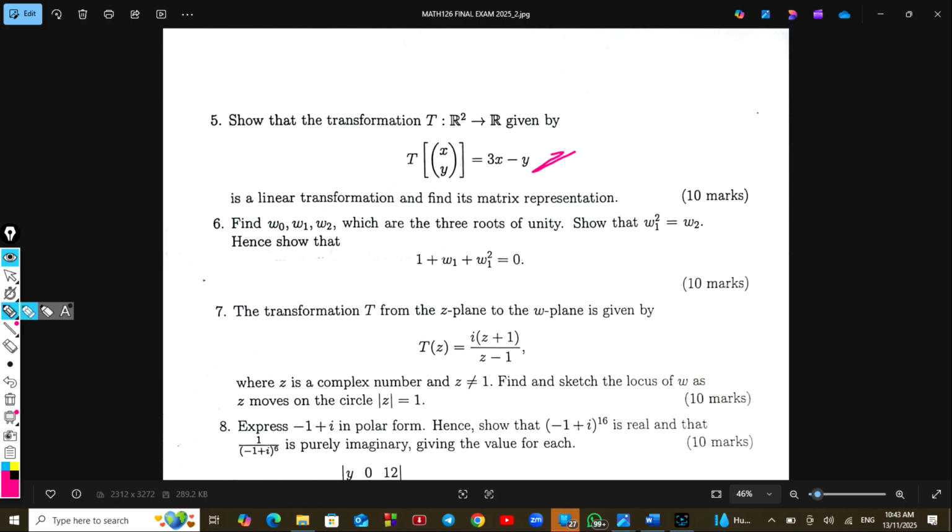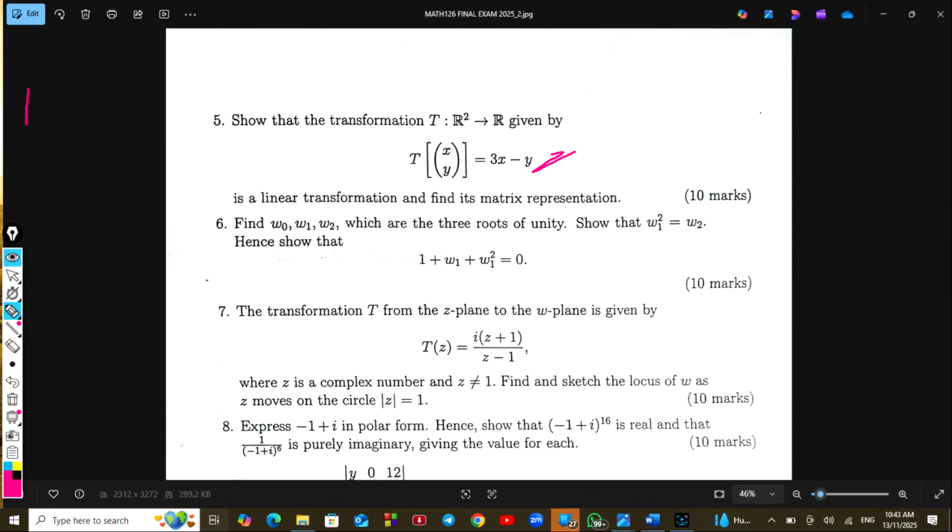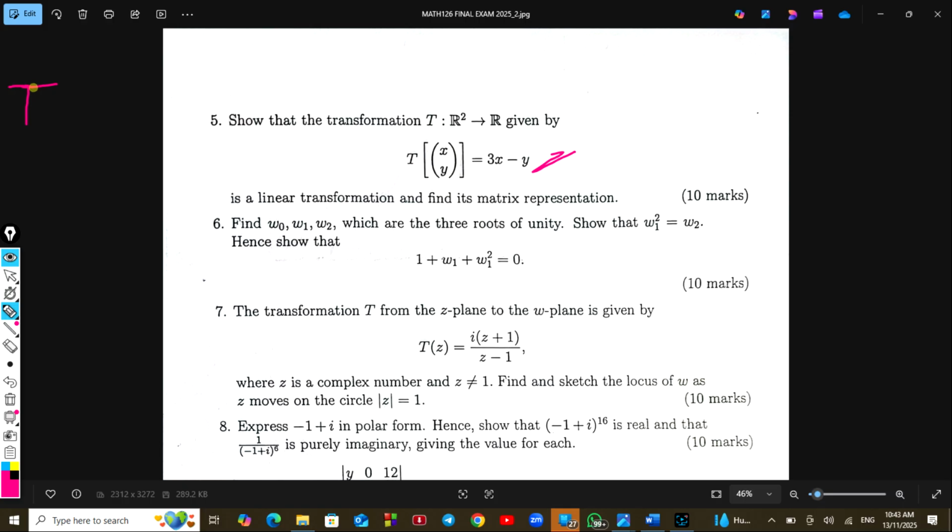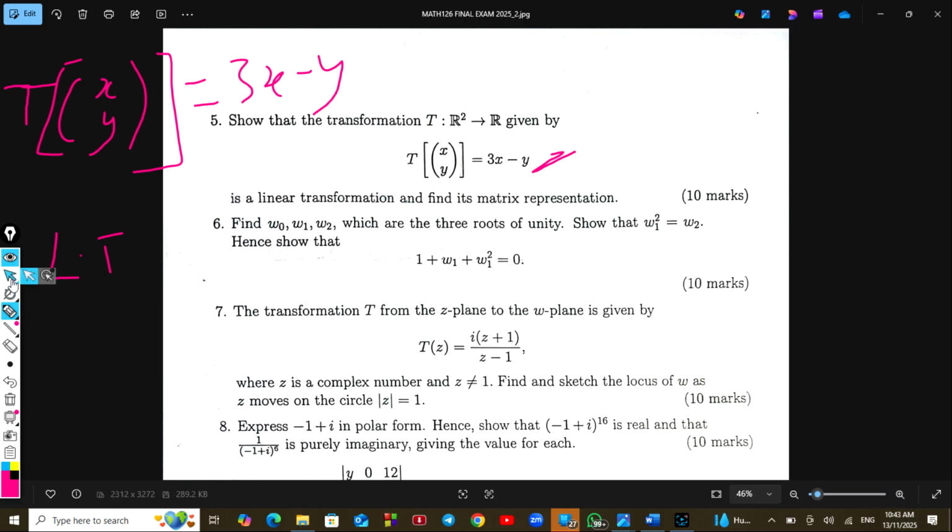So first let's have what we need here. We need T of (x, y) equal to 3x minus y, and we are going to show that it is a linear transformation. Let's open our notebook.